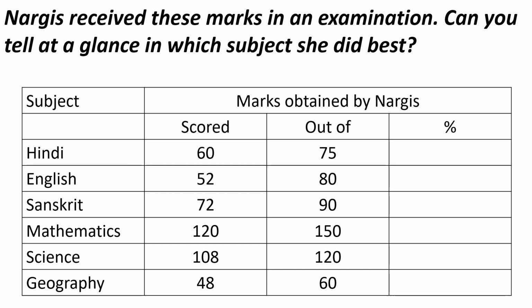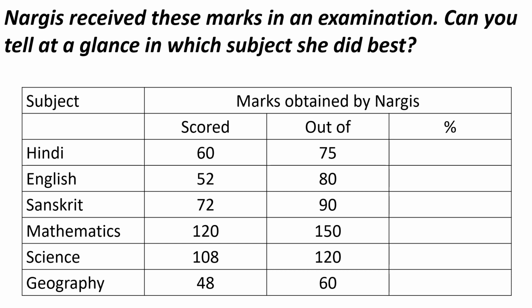In Sanskrit, 72 she scored but out of 90. In mathematics, 120 she scored and out of 150. In science, 108 out of 120. Geography, 48 out of 60.